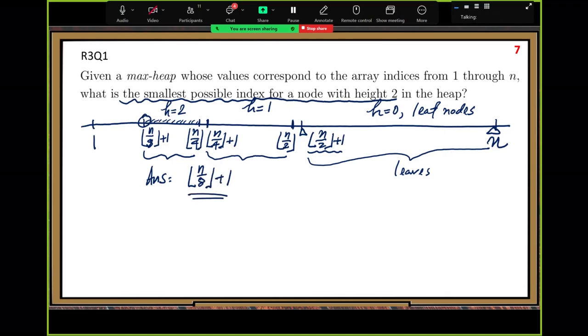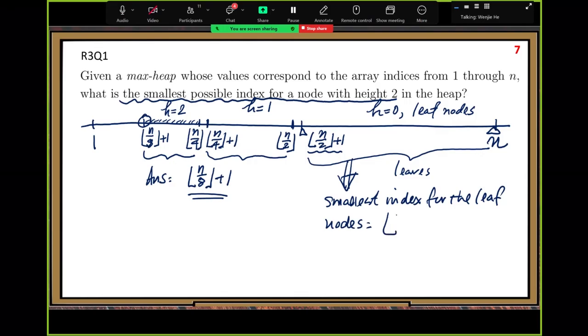If I ask you the smallest index for the leaf nodes, then you can write n over 2 plus 1.